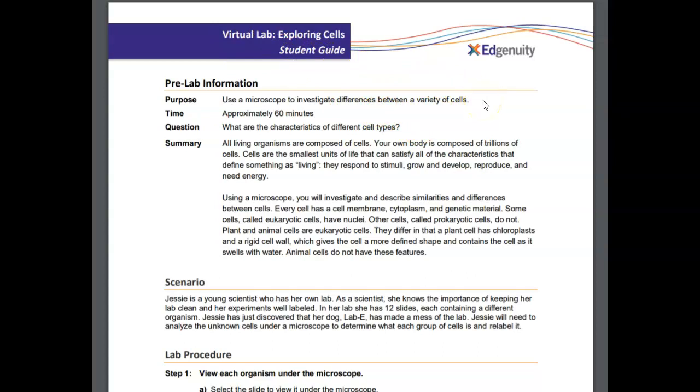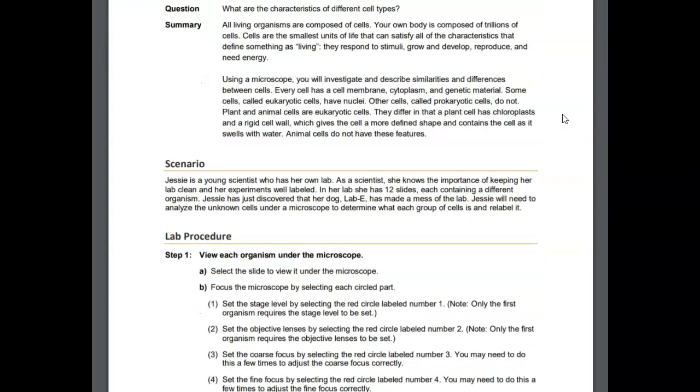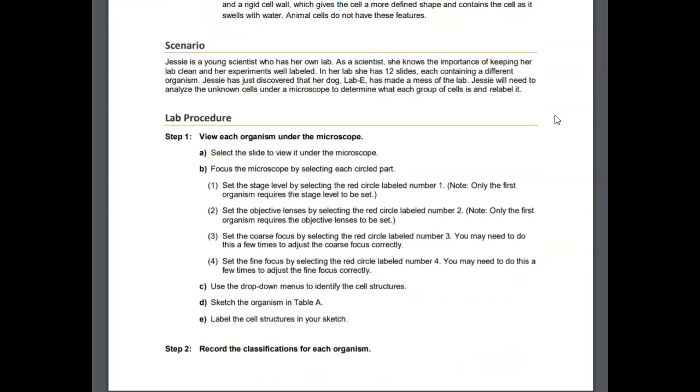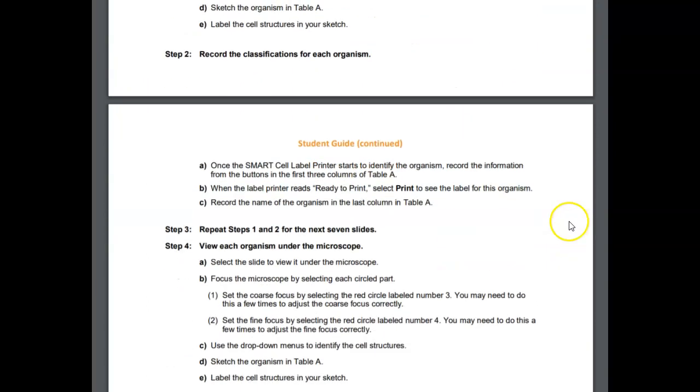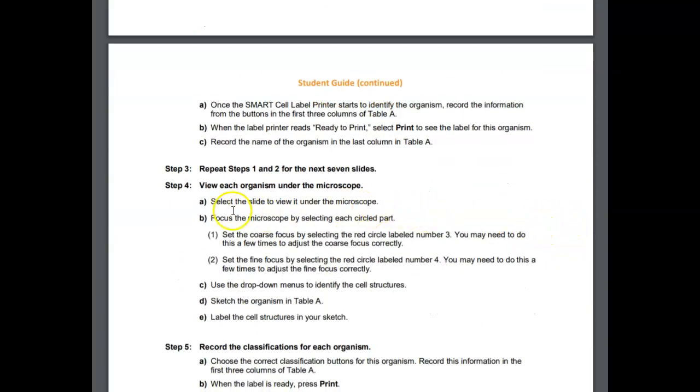This is the student guide, and it gives all the information on what the lab is going to be doing. It will tell you that it takes approximately 60 minutes to go through all the steps of the lab. So you can read this at your leisure. It'll go through the scenario, the lab procedure, the steps, what you need to do.